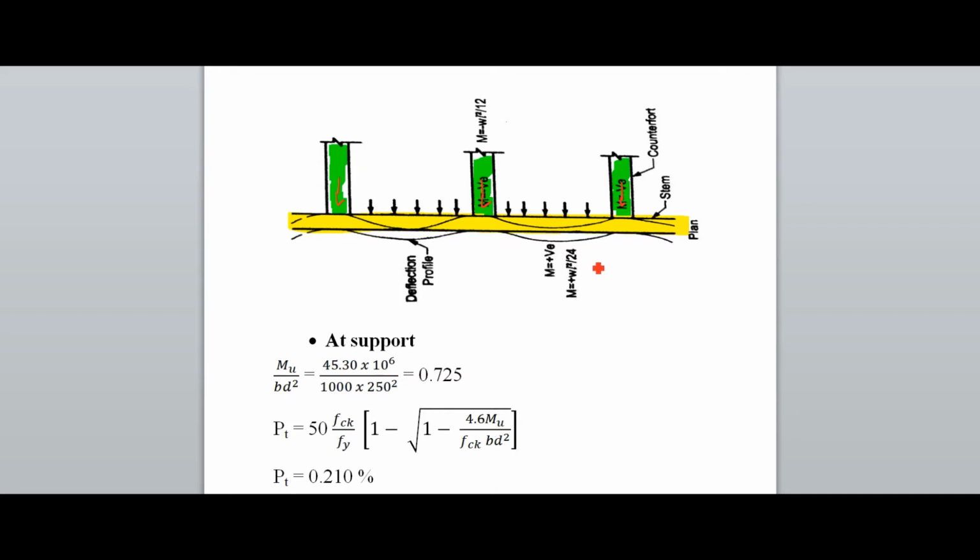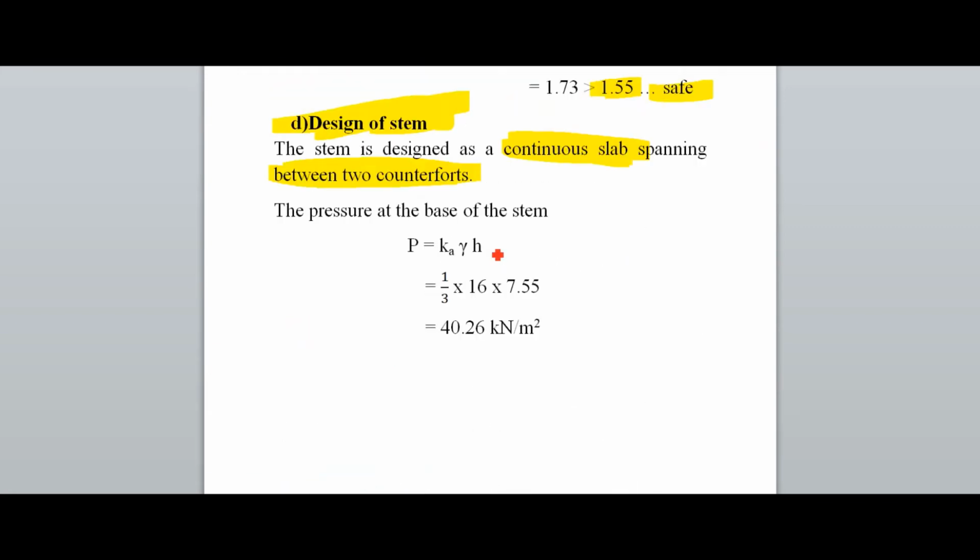So the load mechanism will change. Your stem load is transferred here. In the cantilever retaining wall, the stem behaves as a cantilever slab. But in the counterfort retaining wall, the stem behaves as a continuous slab. So the design method will change. We just have to design a continuous slab.